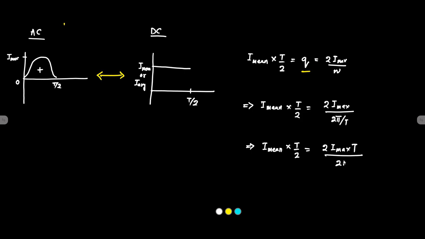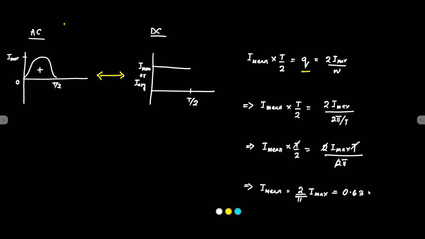On both sides T gets cancelled, here 2 gets cancelled, so I mean is equal to 2 by pi Imax, which is also equal to 0.637 Imax.